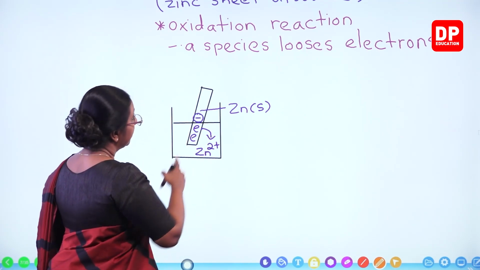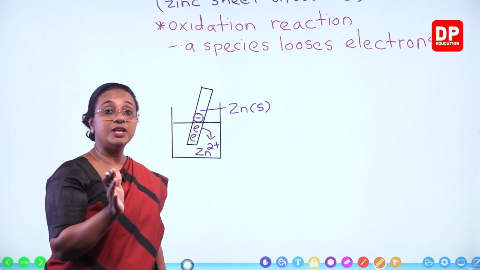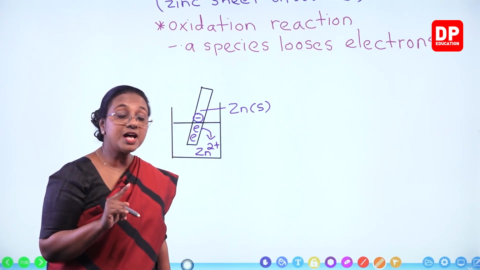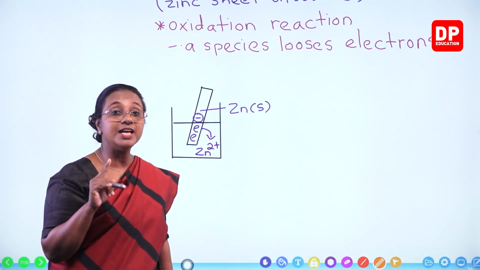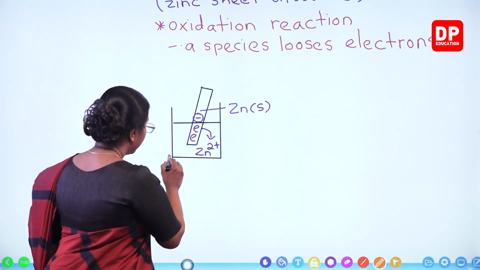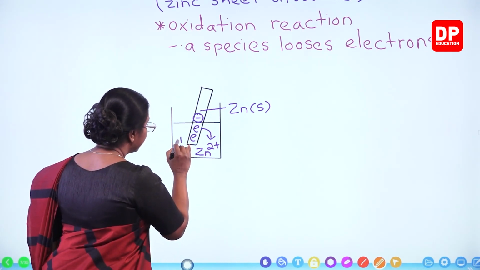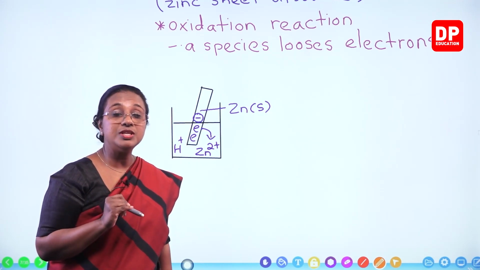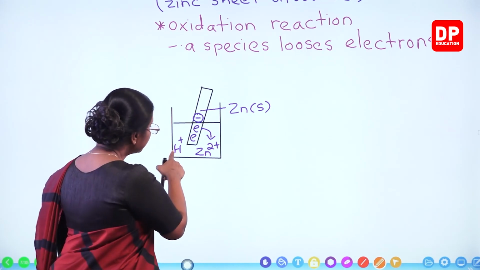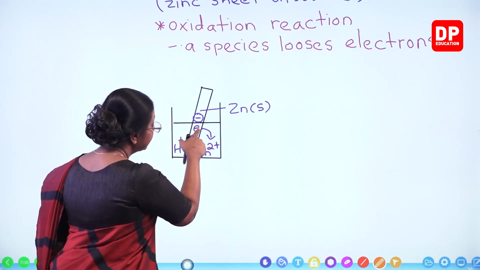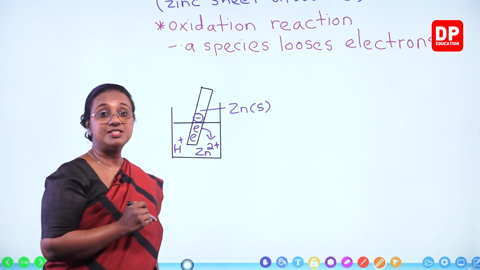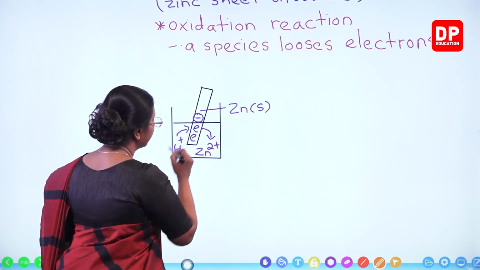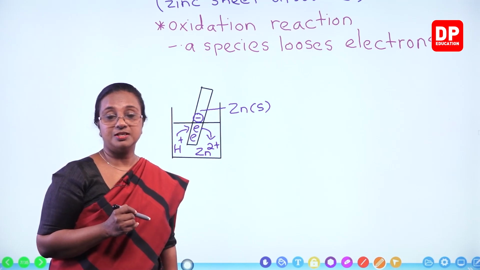Now we saw sulfuric acid has already dissociated. From sulfuric acid, we have H plus ions. Now H plus ions are positive charges. So what happens to these charges? The positively charged H plus gets attracted to the negatively charged electrons. So H plus goes towards the zinc sheet.